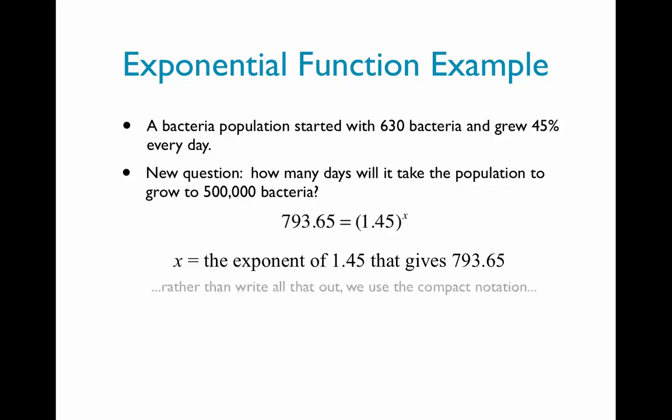Okay, so we have a more compact notation for that very thing. So this phrase, the exponent of 1.45 that gives 793.65, mathematically you have the shorthand notation log base 1.45 of 793.65.